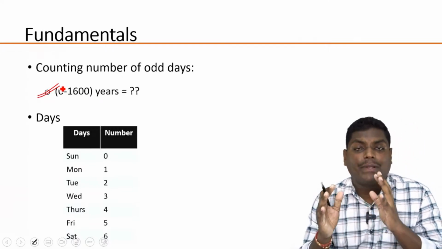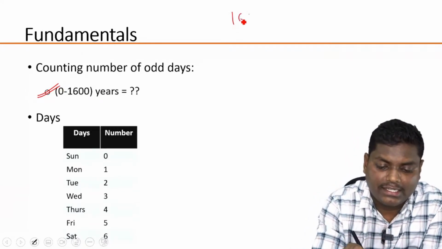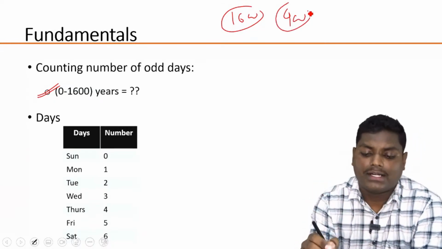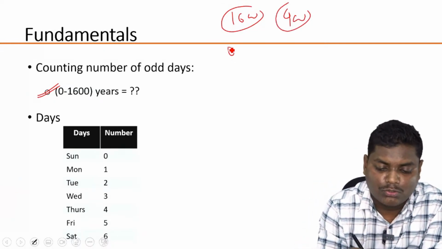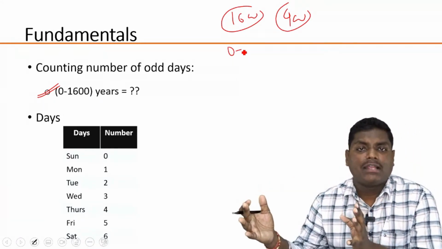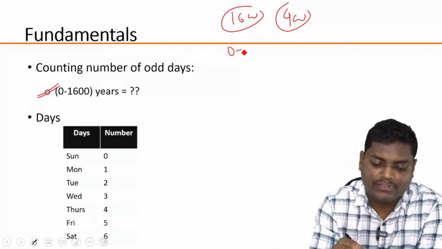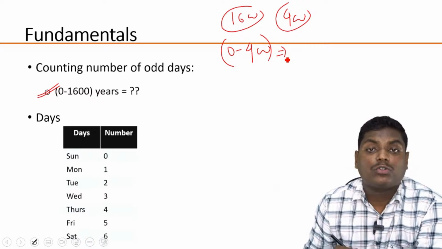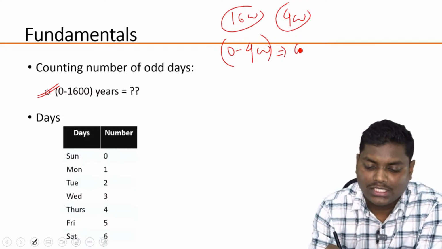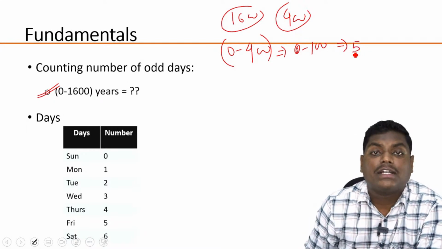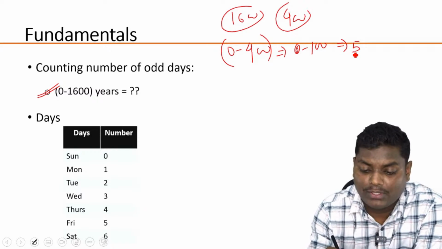Let's break 1600 into chunks of 400. First let's understand 0 to 400, and then if we multiply it 4 times, we will get 1600. For the first 0 to 100, the number of odd days is 5.